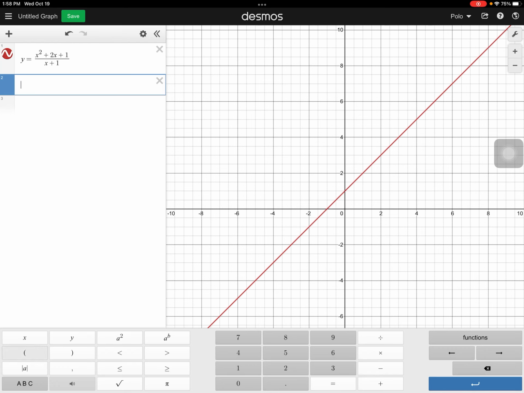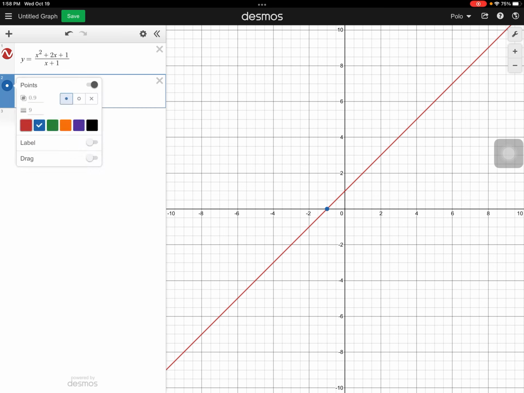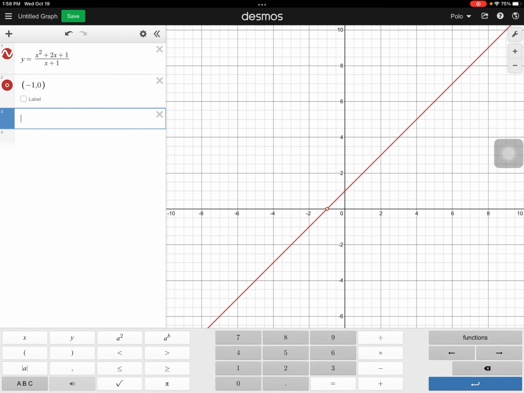So that's how this looks. This is how the original function looks.